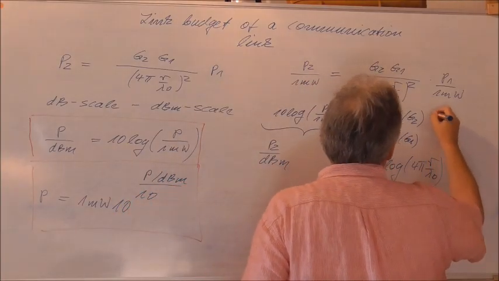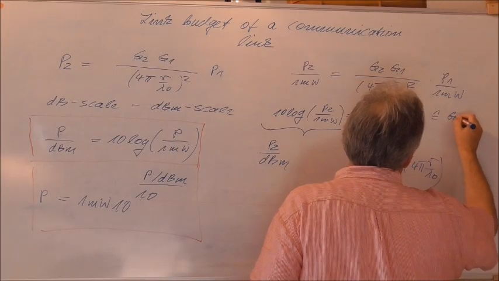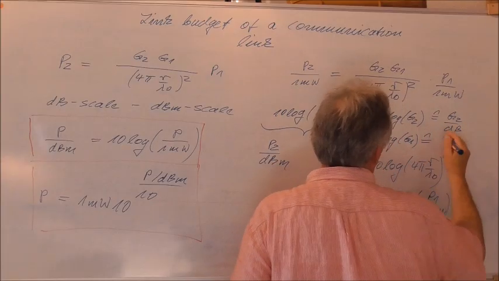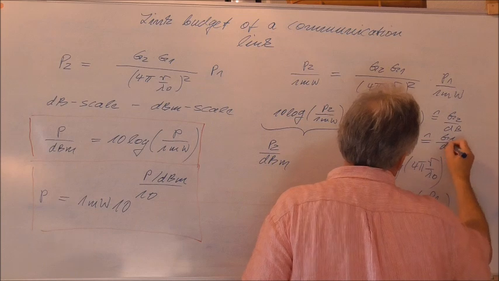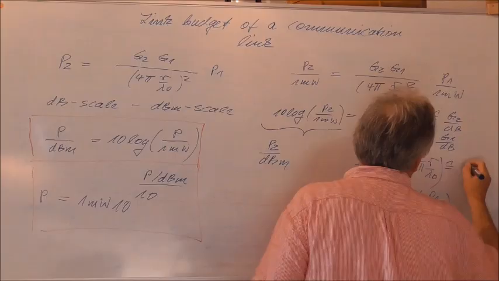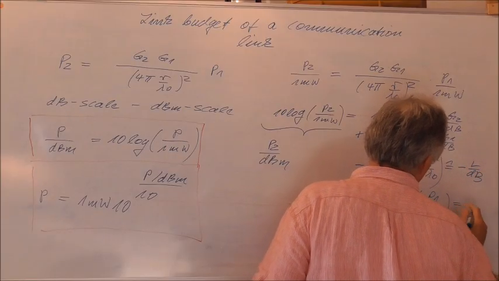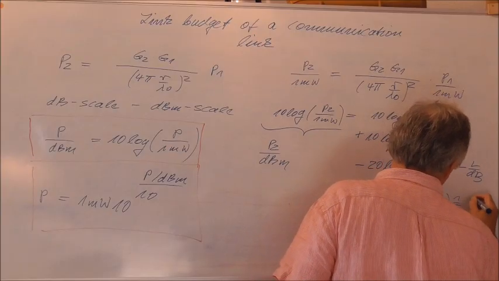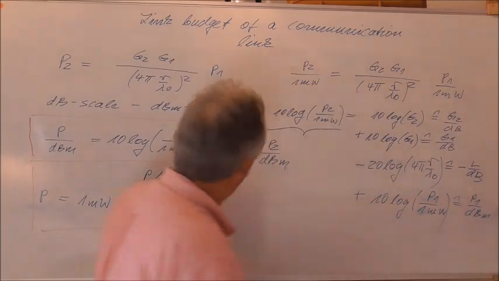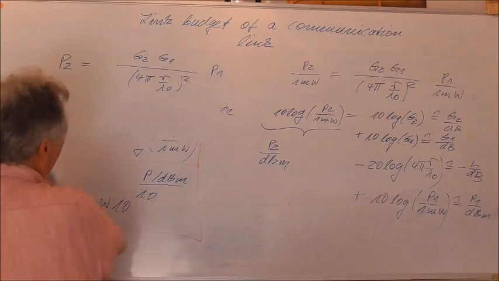We will say this is G2 divided by dB, this corresponds to G1 divided by dB, this corresponds to minus L divided by dB, and this corresponds to P1 divided by dBm. So we come now to the so-called link budget.